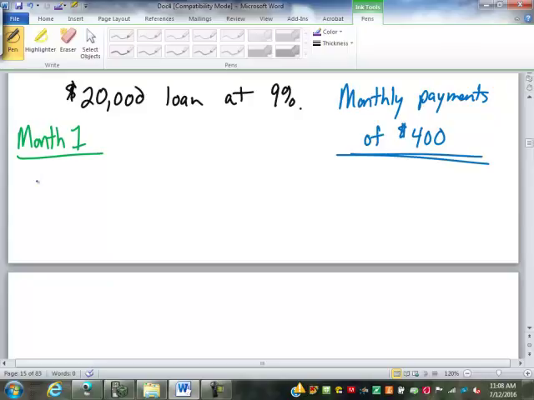Before you pay the $400, what are they going to do? Actually, when you pay the $400, they're going to add in the interest before they subtract the $400 from the account, right? So our interest is $20,000 times 0.09, and now it's 1 month's worth of interest. The time we said was always in years, so this is going to be 1/12.